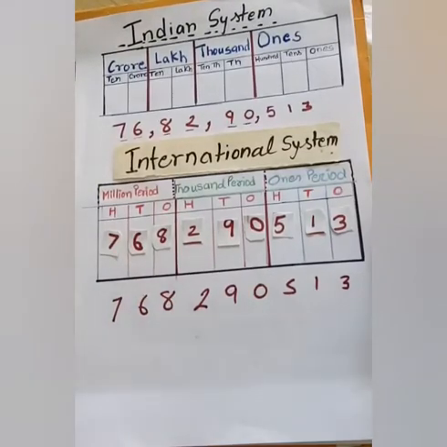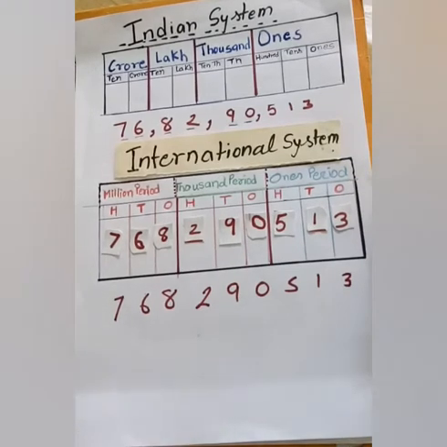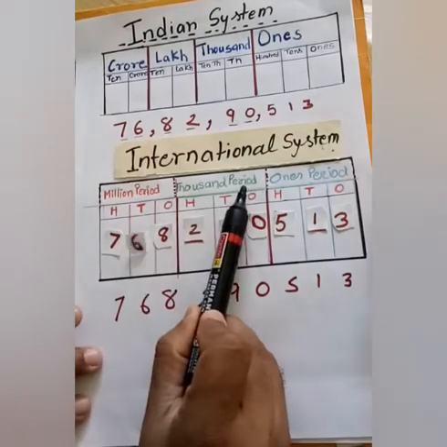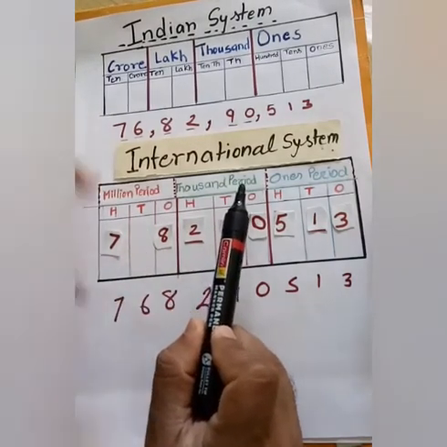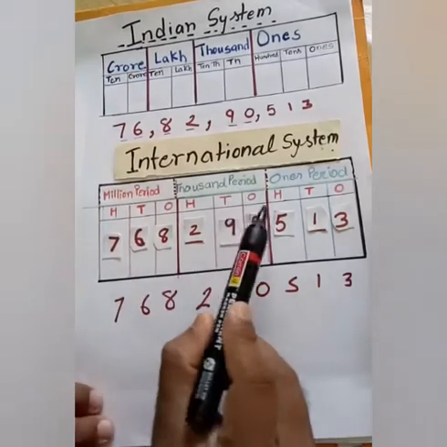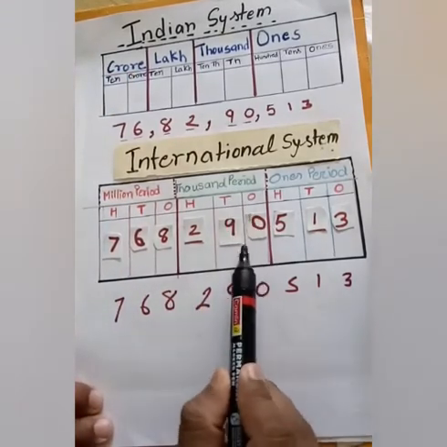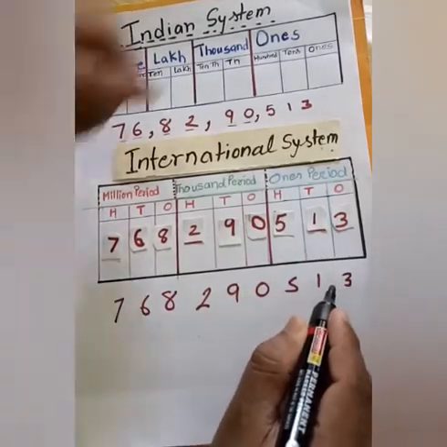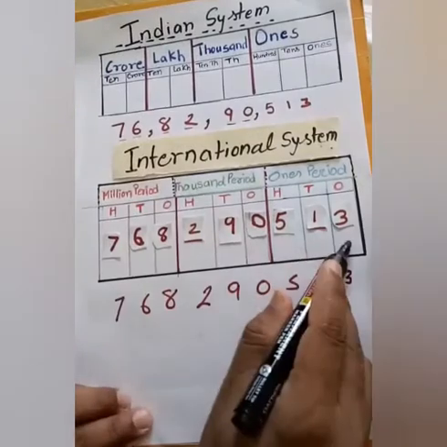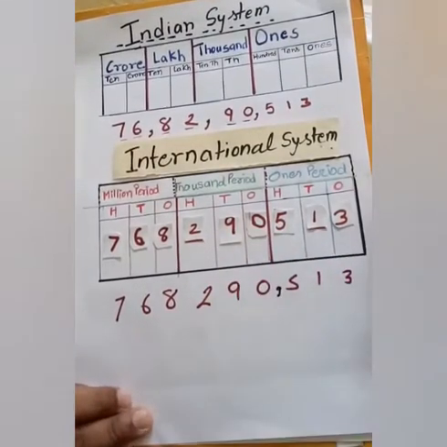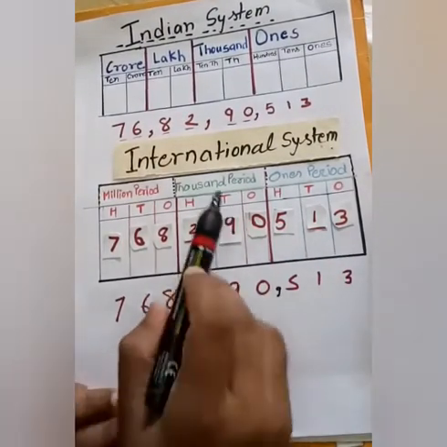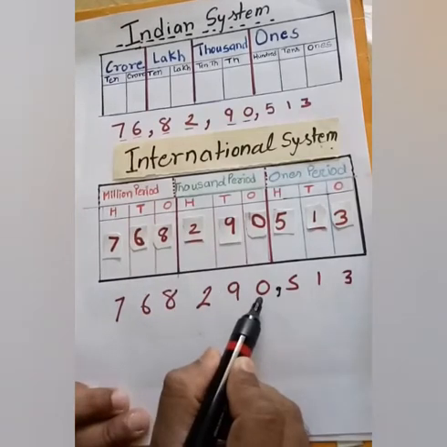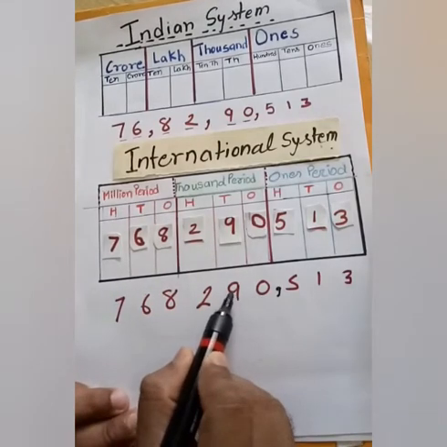The same number of digits are there, but now let's see the commas part. As I told you, each period contains 3 digits, like 3 numbers here, 1 2 3. The first thing is common, because ones contain 3 digits, hundreds, tens, all. So after 3 digits you will put a comma. But your thousands also contain 3 digits, so you have to consider the 3 digits here also, 1 2 3.